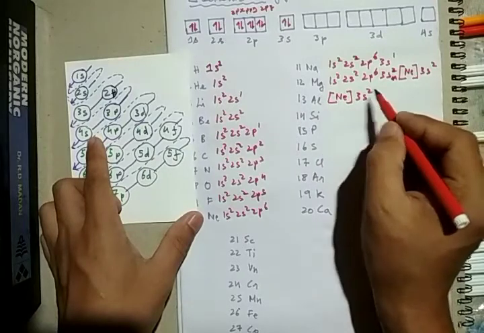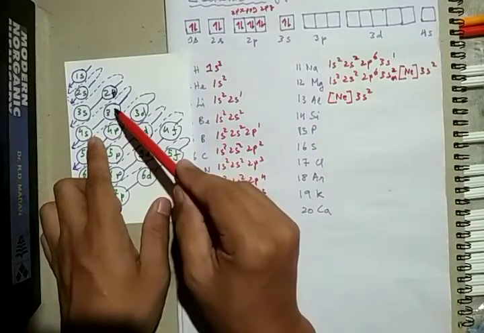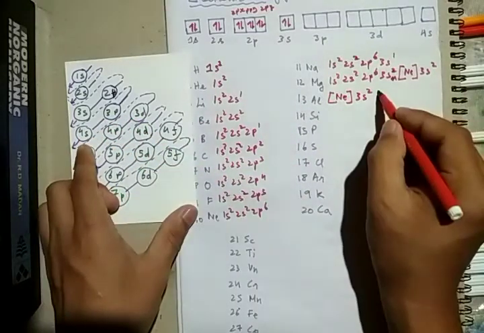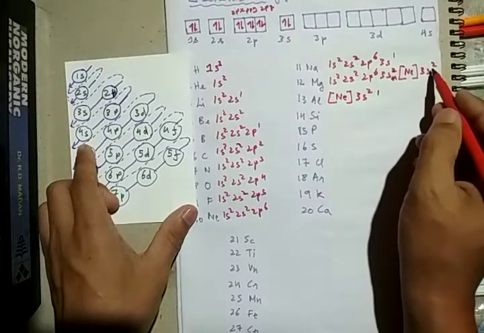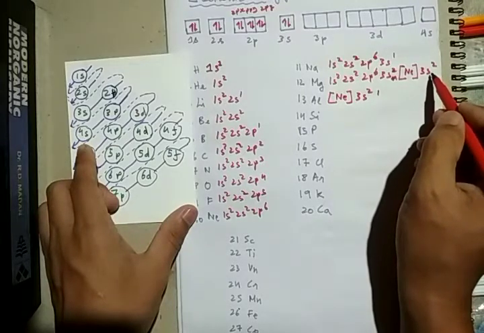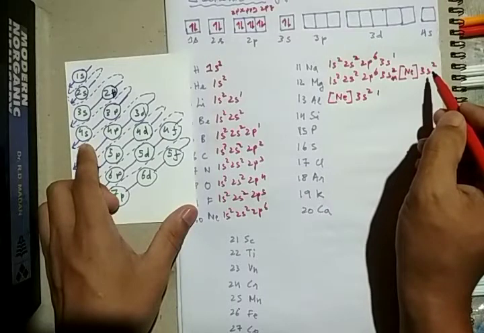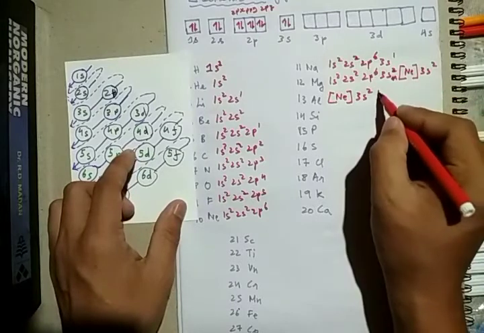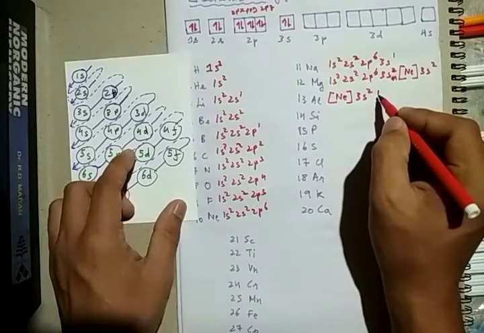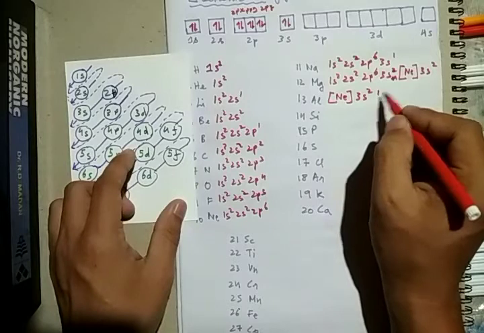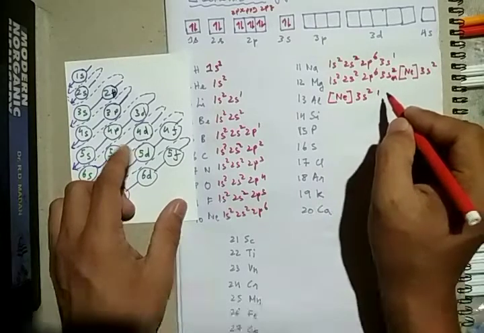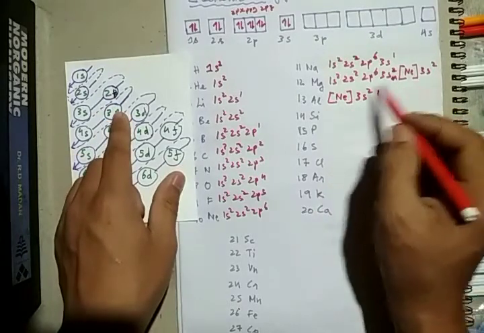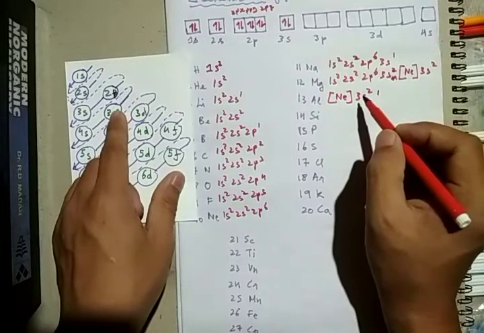For atomic number 13, the next orbital is 3p, after 3s.